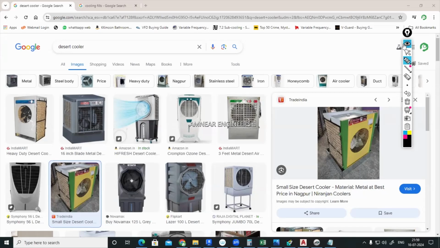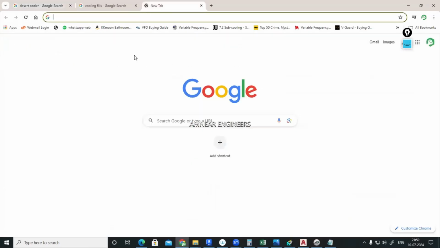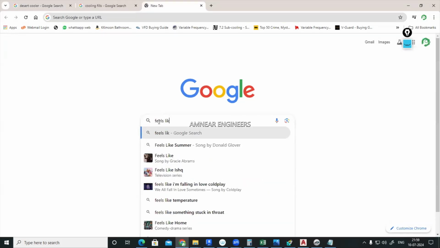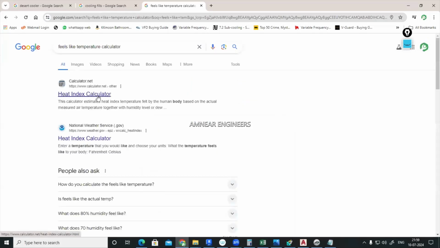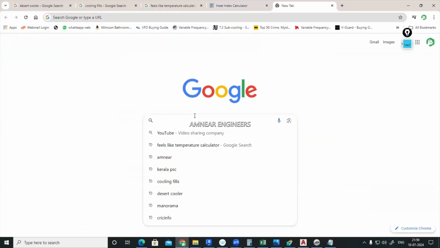Not only that, see, if you are using your desert cooler, you will not create comfort, because the system will make it worse. We are having a term called feels like temperature. For example, at present, I'm staying in Trivandrum.